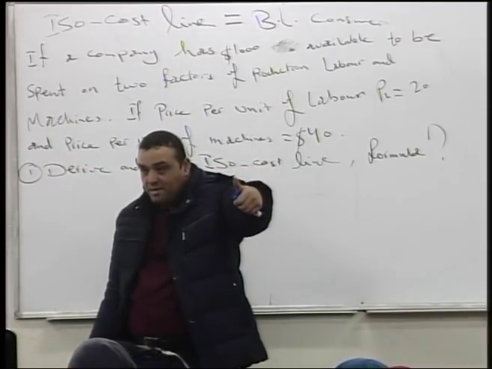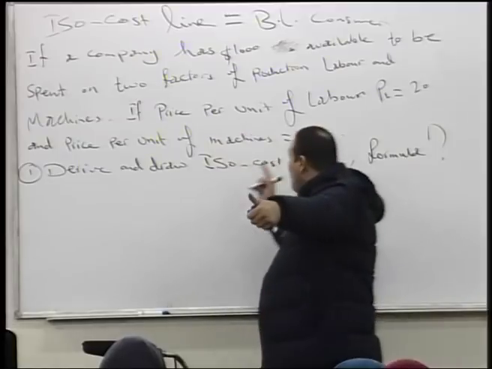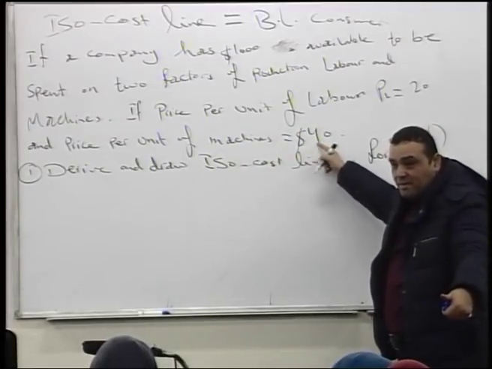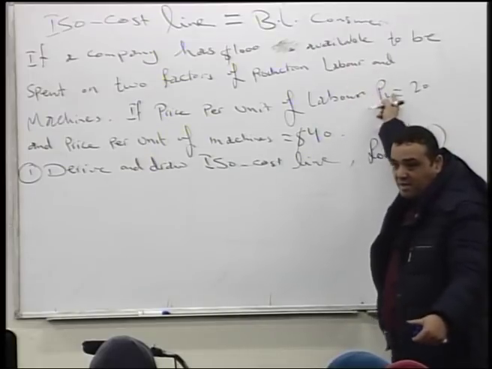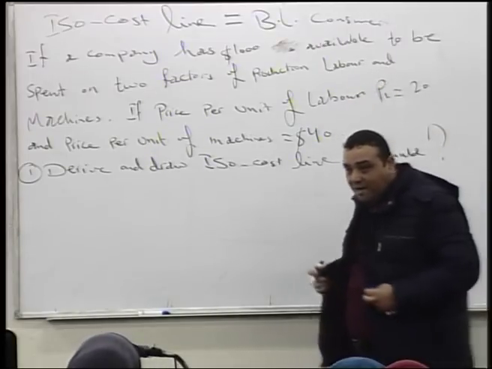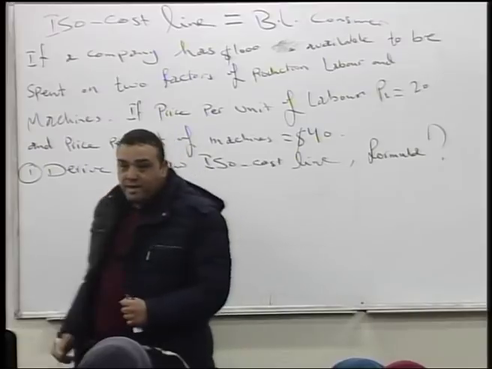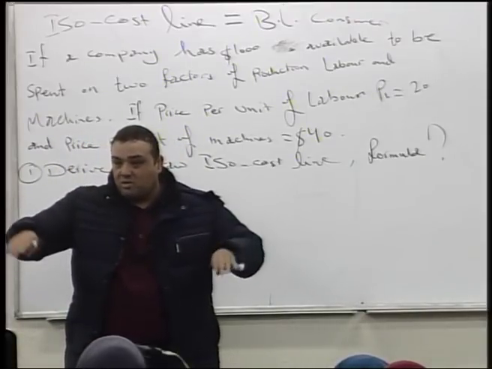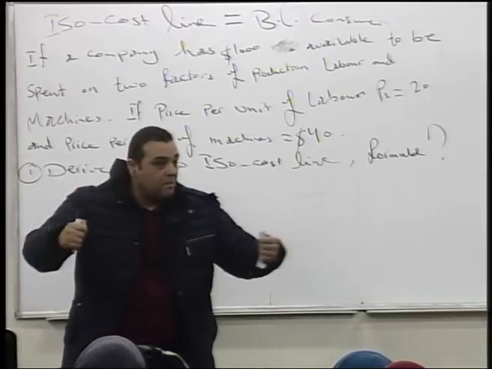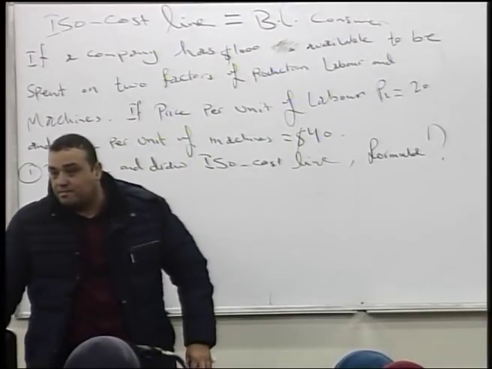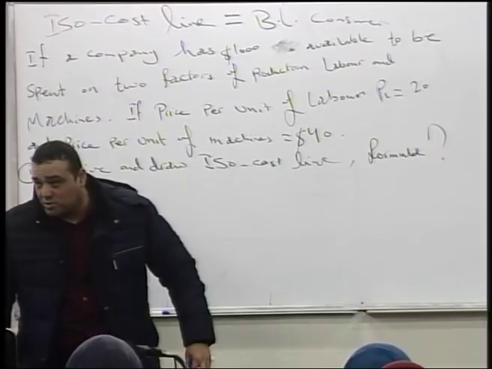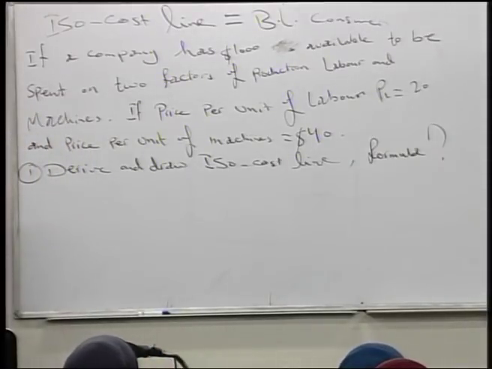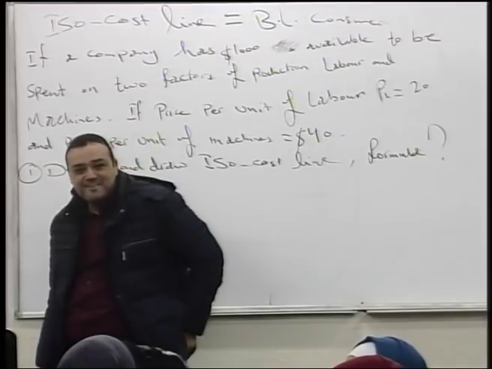If I want to run a machine a day, it costs me $40 in fuel, and the worker's working hours a day cost me $20. What is the optimal combination of labor and machines the producer should select? That is what we will look for shortly. So here, derive and draw the ISO cost line.